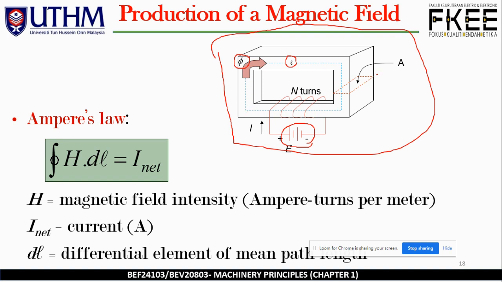What about A? A here is the cross-sectional area.